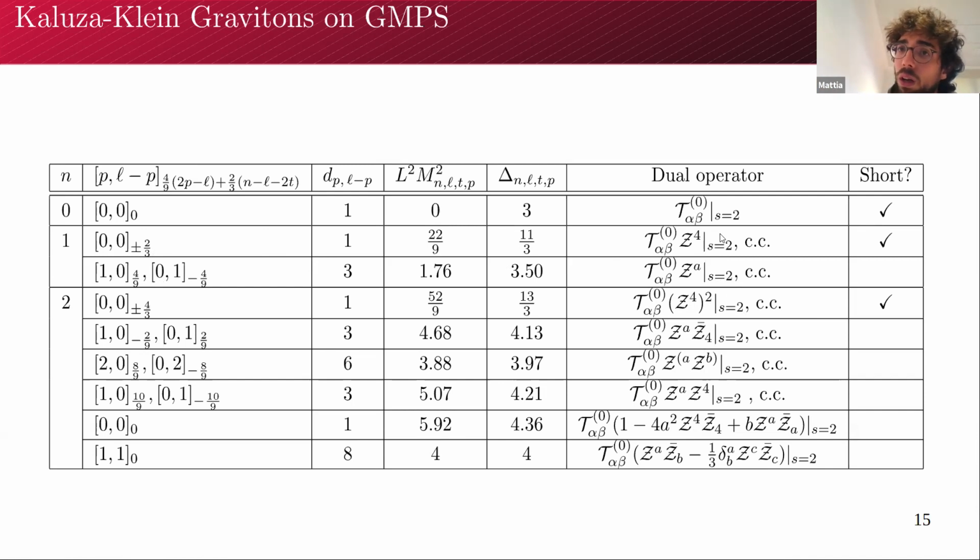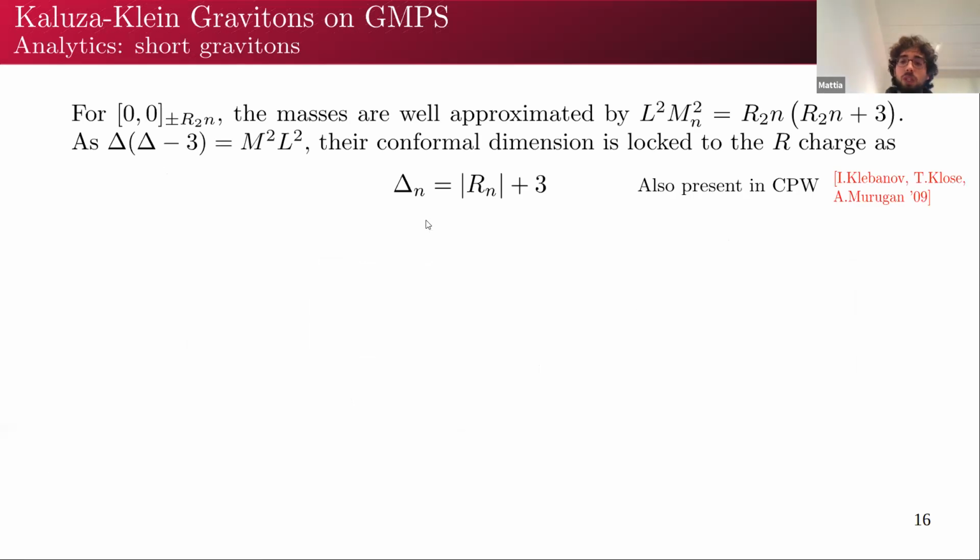Okay, so I hope not to run too much out of time, but let me just mention very quickly that by inspection of this table, one can move some steps beyond the numerical results and get some analytic ones. For example, we see that there is a tower of singlets whose R charge is an integer multiple of the R charge of the Z4, where n is the proper Kaluza-Klein level.